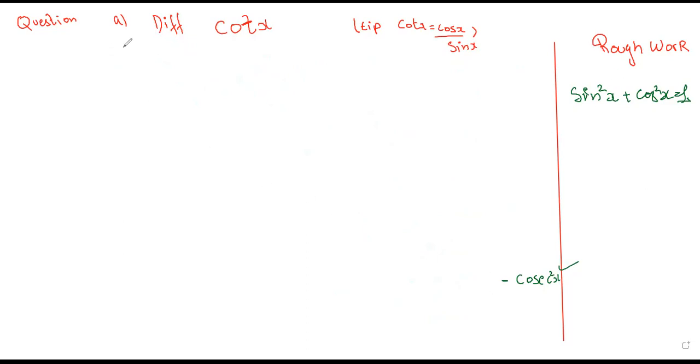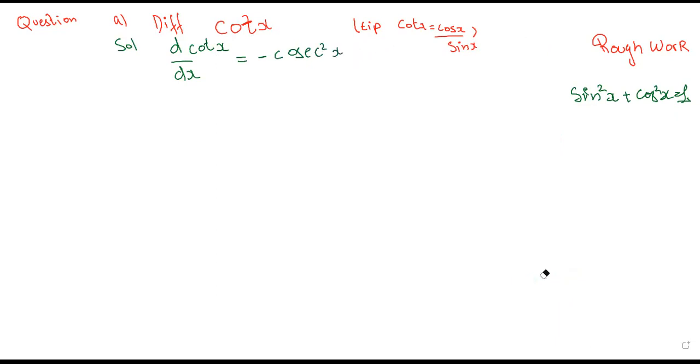Okay, so the solution is that the derivative of cot x is basically minus cosecant square x. Agreed? Yes. This is what we have done so far in the first part. Okay.